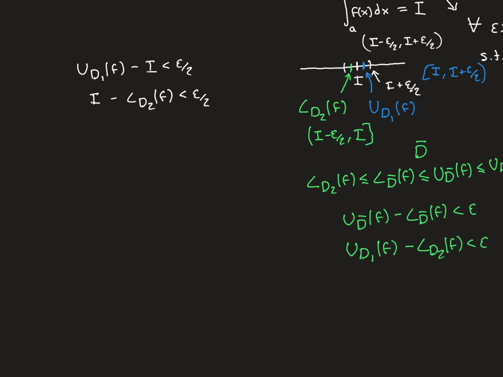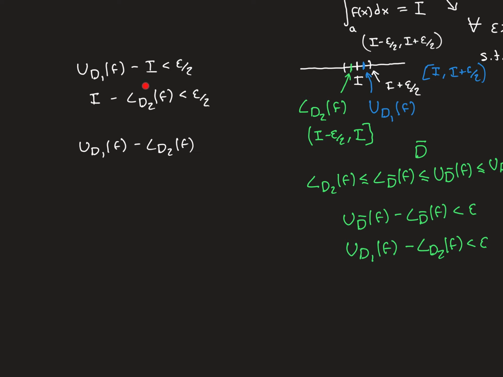So from these two things, we can combine those two together to get this inequality here. The way we can do that is by adding this onto both sides of this inequality. So if we do that, the I will cancel, and you'll get that the upper Riemann sum over D1 of F minus the lower Riemann sum over D2 of F. So I'll just remind you what I'm doing.